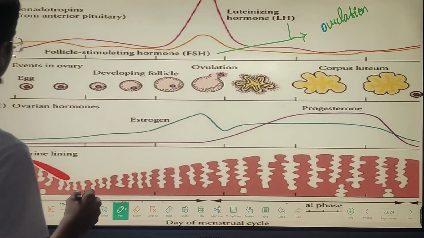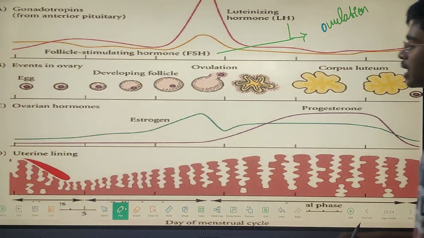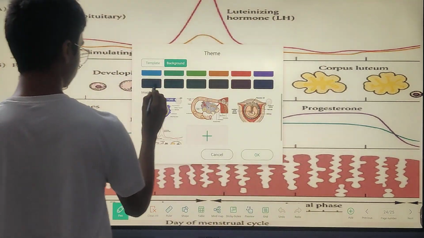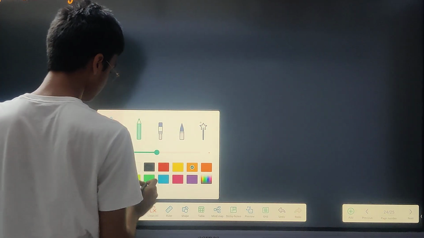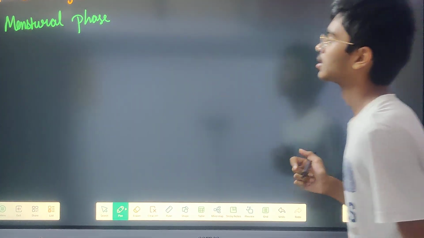Then we will just discuss this. Totally in the menstrual cycle you will be having 4 phases. First is the menstrual phase. I also have to give you some basic ideas of this. Next is the follicular phase.